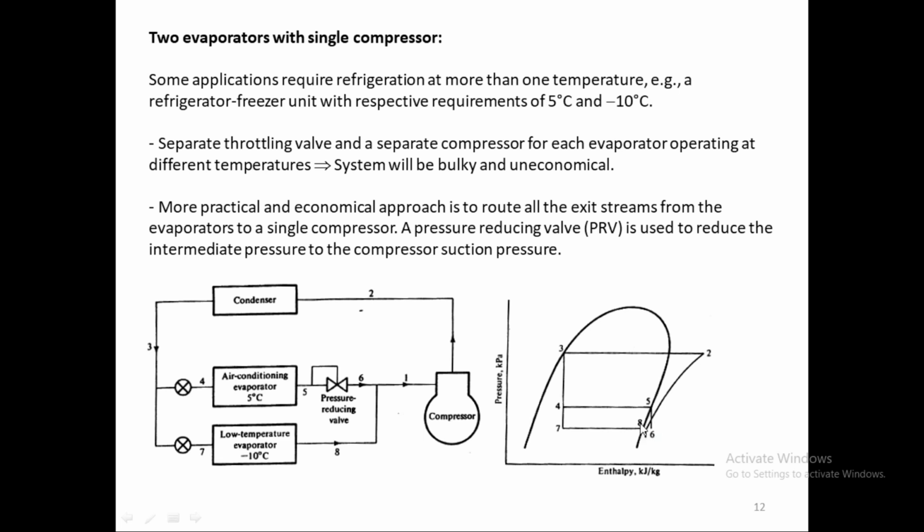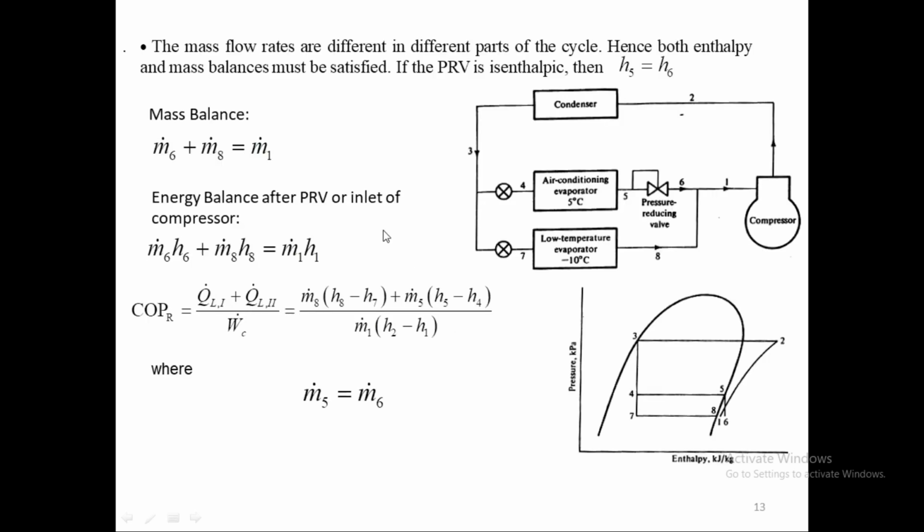Both the flow from the first evaporator and the second evaporator will be compressed back to the condenser condition. The mass flow rates are different in different parts of the cycle, hence both enthalpy and mass balance must be satisfied.